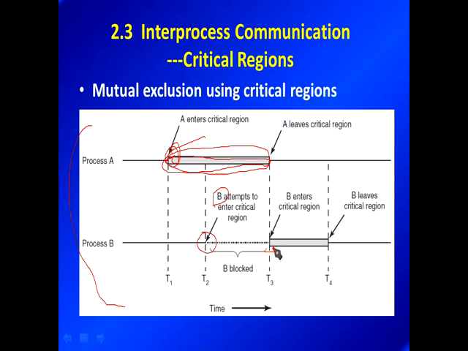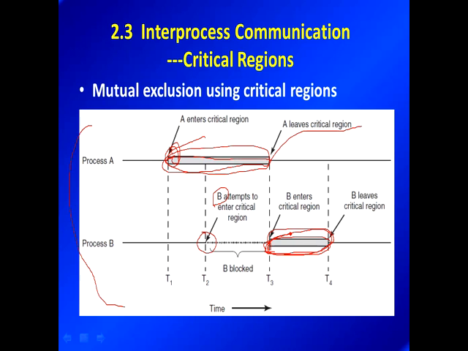So when process A leaves the critical region, process B is not blocked anymore, and process B can get into its own critical region to use these instructions to access the shared data or file.